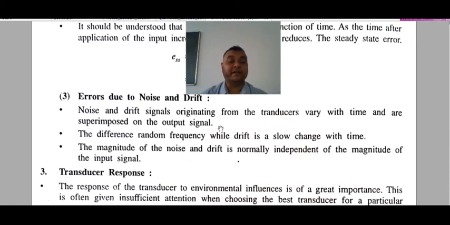Noise has random frequency, while drift is a slow change with time, and the magnitude of the noise and drift is normally independent of the magnitude of the input signal.